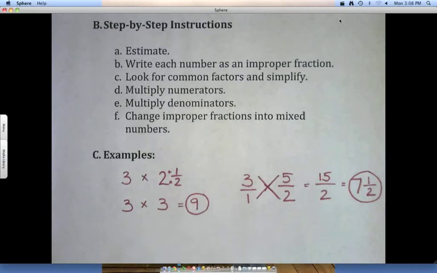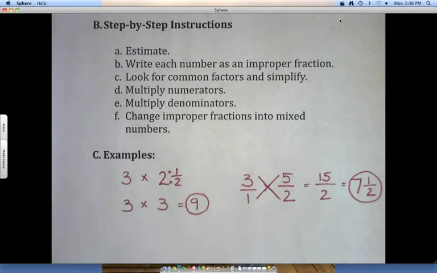Another way of doing this, and it's not mentioned in the step-by-step instructions up above because this is the relatively easiest method of solving for the product of mixed numbers, but I can also work the distributive property.